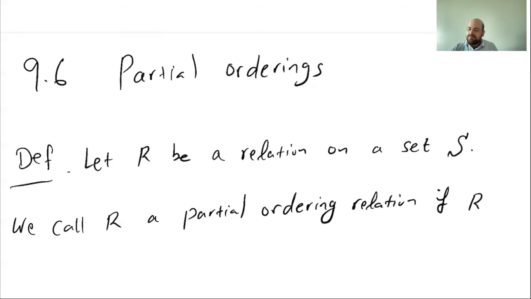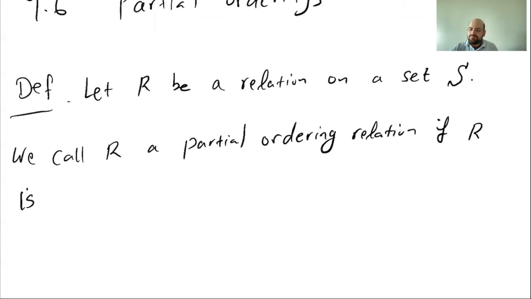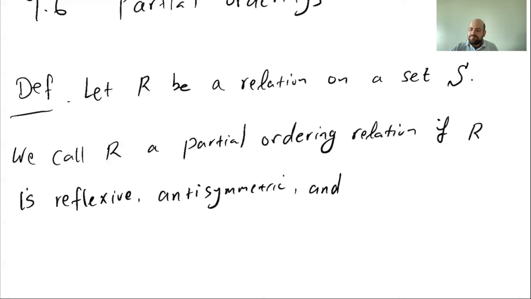If R is reflexive, antisymmetric, and transitive. So if you compare with equivalence relations, in equivalence relations, we required reflexive, transitive, and symmetric. Now we are requiring reflexive, transitive, and antisymmetric.